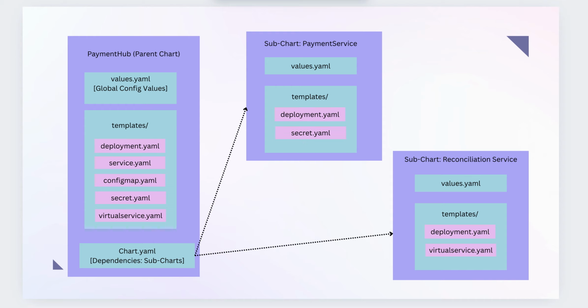This Helm structure enables consistent, repeatable deployment via our Azure DevOps CI/CD pipeline with Helm chart versioning for rolling updates and rollbacks.